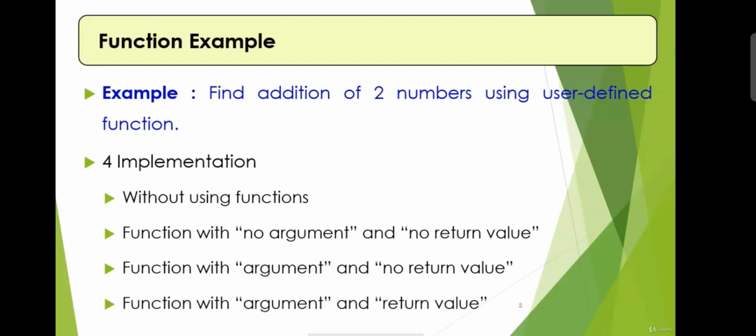And finally, we will implement the same program that accepts the argument in the function and also has a return value. So we are going to have four different solutions for the given problem, and in every solution we will use a different version of user-defined functions. Let's go ahead.